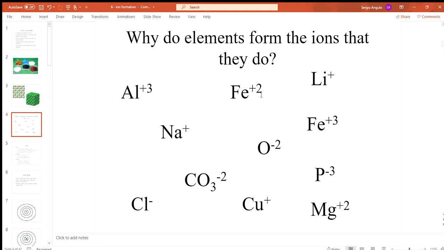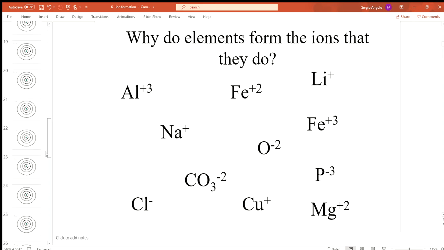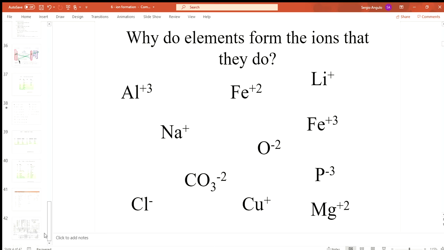So +2 is a very common state because that's the transition metal losing the S electrons that were already filled before its D electrons started getting filled. But sometimes it can lose an extra one, sometimes extra two. Really depends on how many D electrons are in there and its conditions. So there's no general rules.